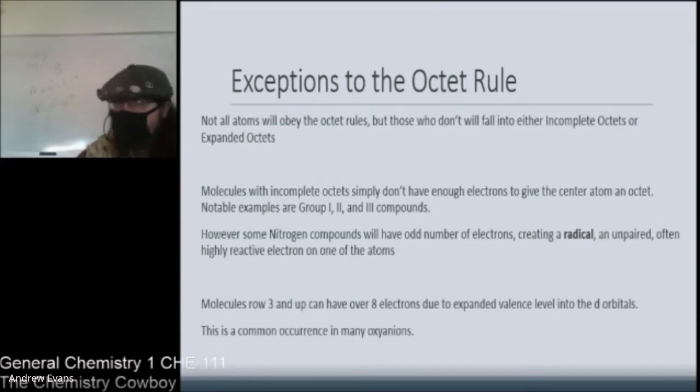which is typically very highly reactive. For those who will eventually go on to organic chemistry, there's a whole series of reactions called radical reactions, where you use light to split these atoms apart, and they react very quickly. In fact, a lot of these radical reactions go on in our upper atmosphere.